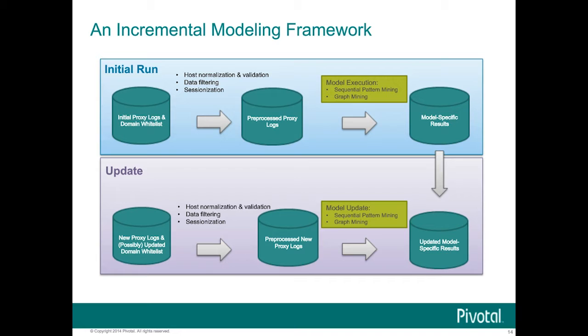When you get the model results for the new data, we can merge them back with the results from the old data and update the results based on the previous results. Hence, this is the incremental modeling framework approach. The advantage is that given new data, like a new month of data, we don't have to rerun the model for the whole old data and the new data together. Instead, you can just run the model on the new data and then update the results.